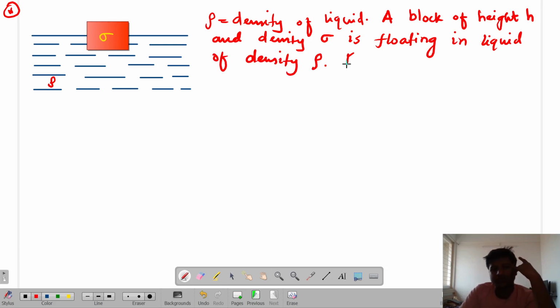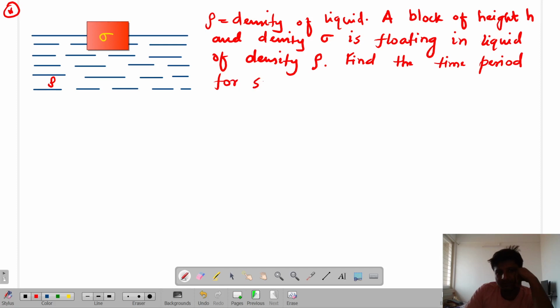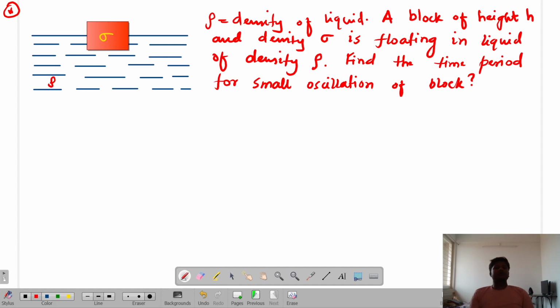Then the question is: find the time period for a small oscillation of the block.